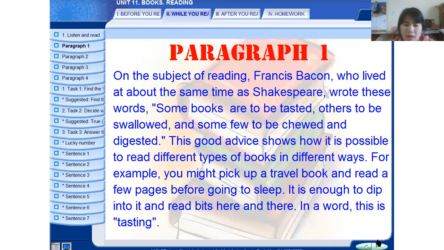This book advice shows how it is impossible to read different types of books in the same way. For example, you might pick up a travel book and read a few pages before going to sleep. It's enough to dip into it and read bits here and there. In other words, tasting.